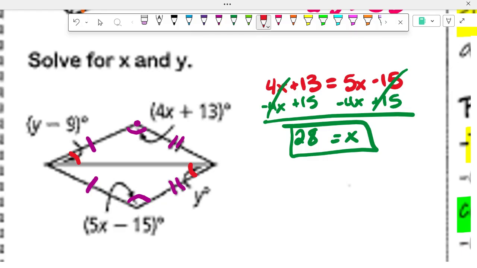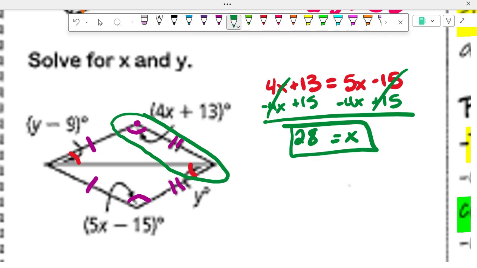But we cannot assume that they're congruent because technically, since it bisects each other, but these two angles are not congruent. So we kind of got to do a little bit extra. All right. What's one way that I could find angle y, though? So not y minus 9, just y.